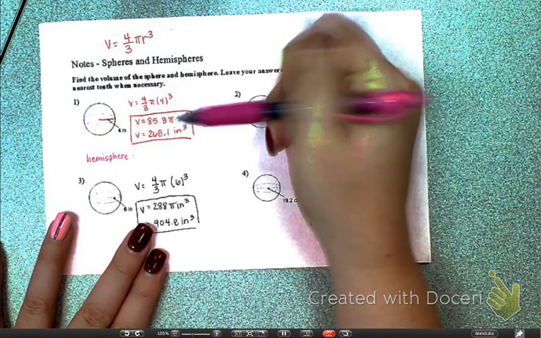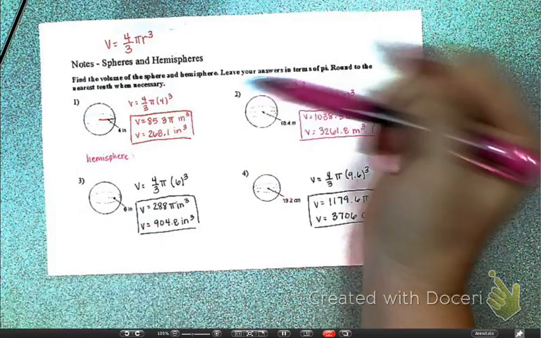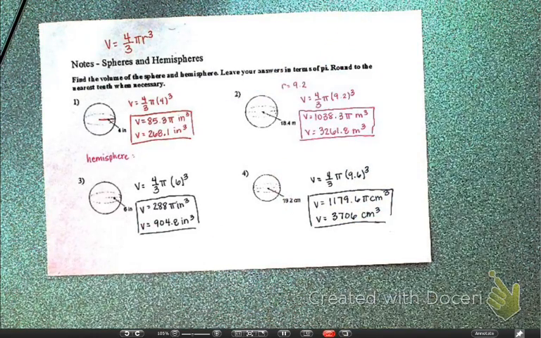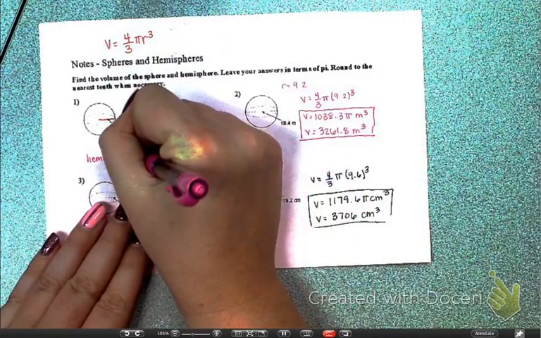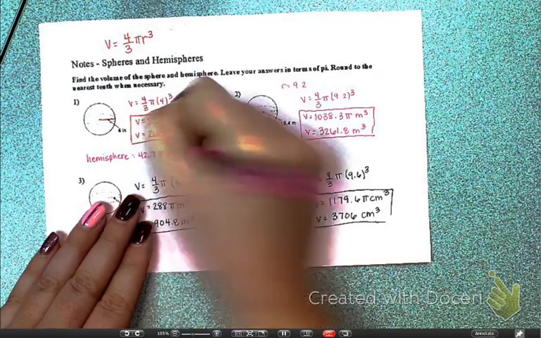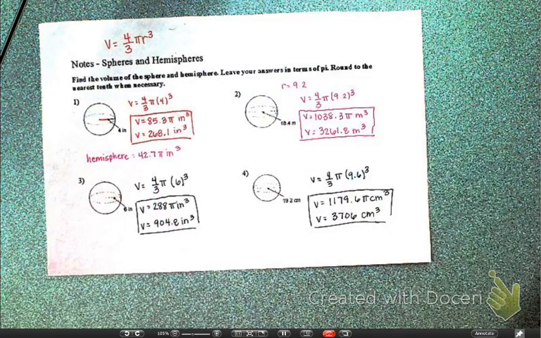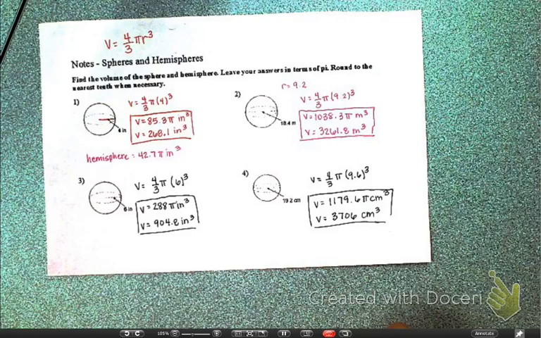I'm going to take the 85.3 and divide it by 2, and you get 42.7 pi inches cubed. So if I want it in terms of pi, I would take my pi answer and divide it by 2.